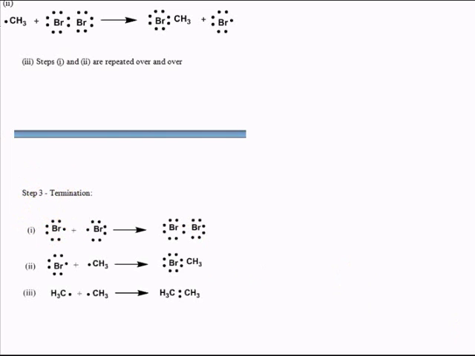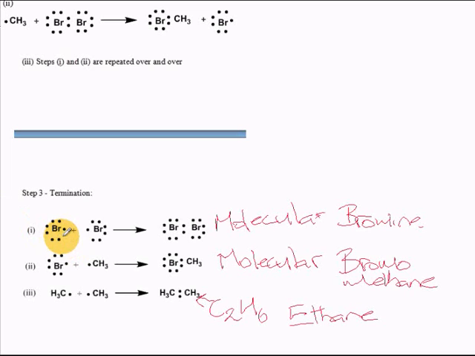In this termination step, step 3, we're talking about these radicals bonding with one another. We have our bromine radicals bonding together and achieving a successful octet, 8 electrons on the outer shell, and we get molecular bromine. We get bromine bonding with the CH3 methyl radical, and we get bromomethane.